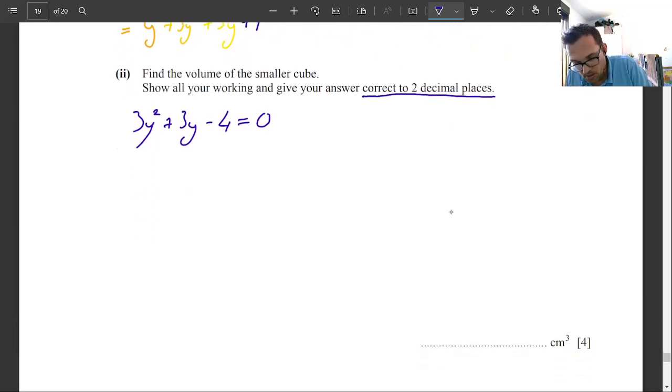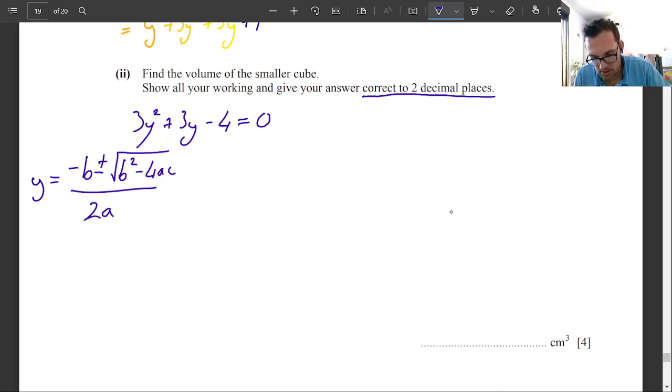So there's only one other thing we can do, and that is use the quadratic formula. Remember, it's x equals, but since we're working with y's, we just make it y equals minus b plus or minus the square root of b squared minus 4ac, over 2a. Remember here, a is the first coefficient, so a equals 3. b, the second one there, is also 3.